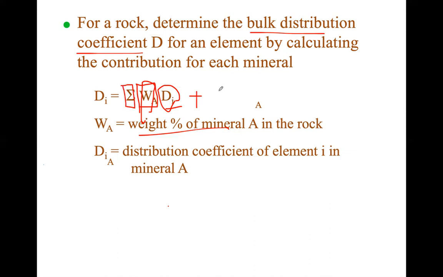So you have a second phase, a third phase, a fourth phase, maybe OPX or CPX, amphibole, anything. So you calculate this and take it as the bulk distribution coefficient. So this is how we define the partition coefficient or distribution coefficient for an entire rock, right? So this is also very important.